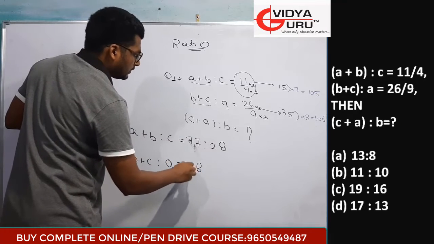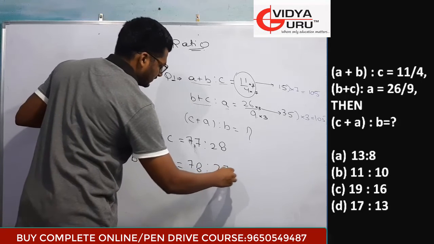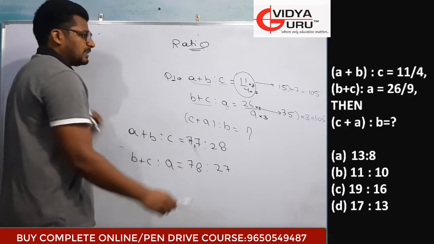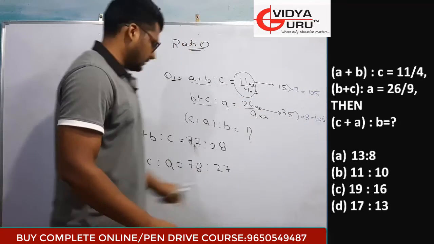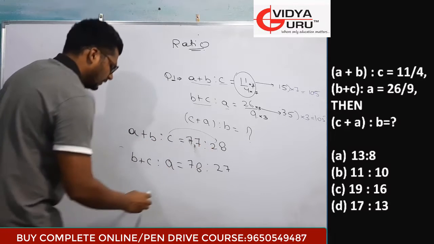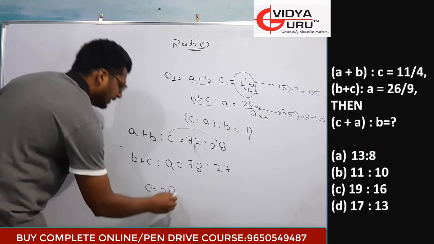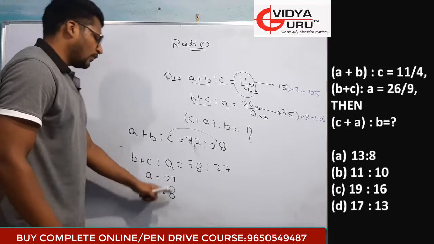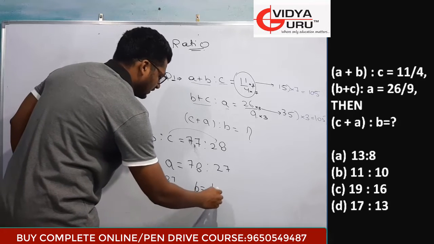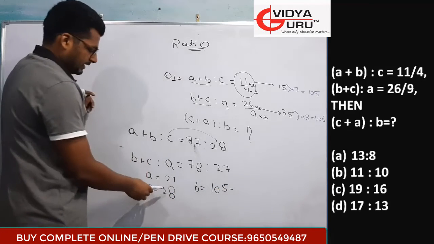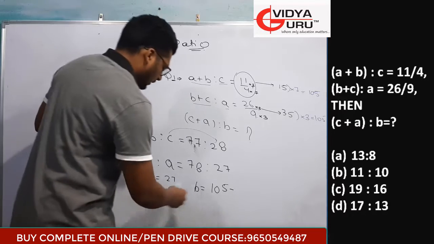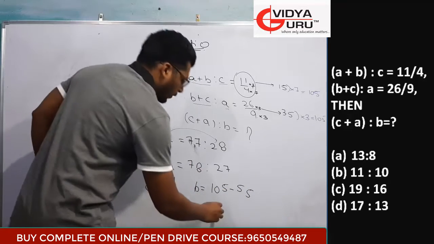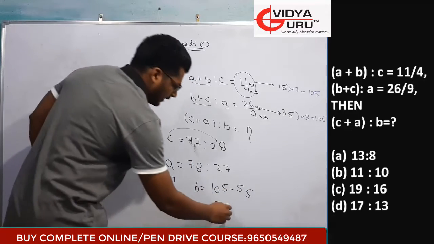It will be 78 ratio 27. Now in both equations A plus B plus C is equal to 105. Then I can clearly say C is equal to 28 and A is equal to 27, and the sum of all three is 105. That means if I subtract these two from 105, it will be 8, 7, 15 and 2 and 2, 4, 1, 5. The value of B will be 50.